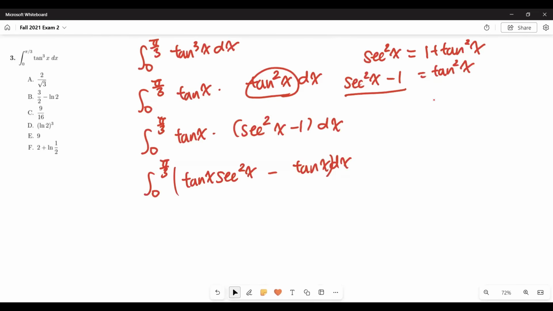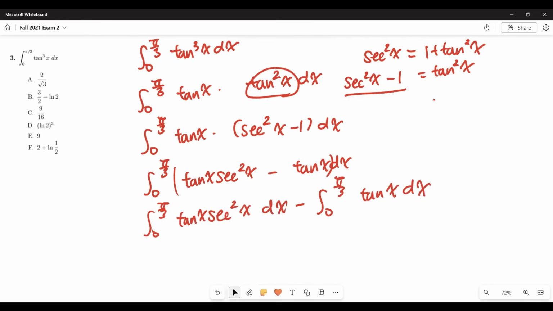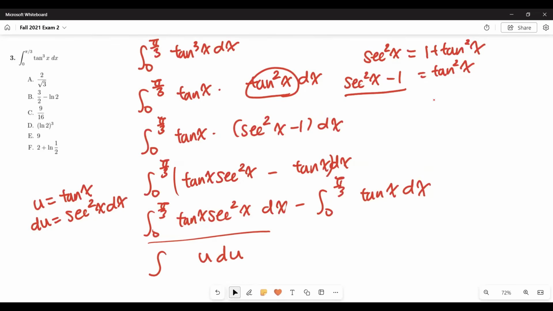So in this case, we're going to separate this: the integral from 0 to pi over 3 of tangent x secant squared x dx minus the integral from 0 to pi over 3 of tangent x dx. For this part, you can do u substitution. We let u equal tangent x, and du is secant squared x dx, right? So this function becomes u du, and we have to find the new interval.